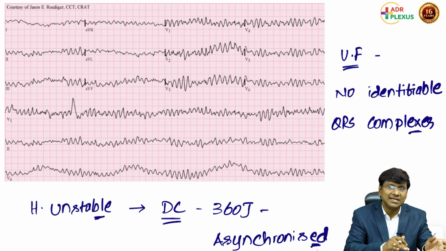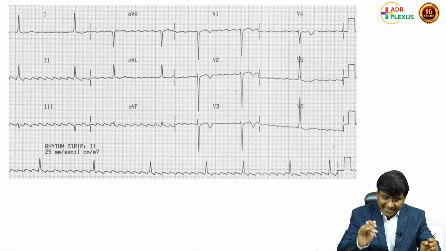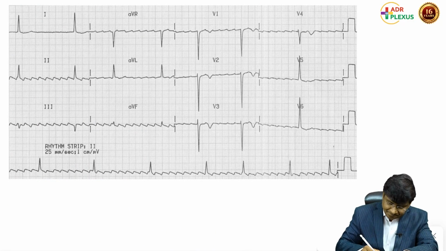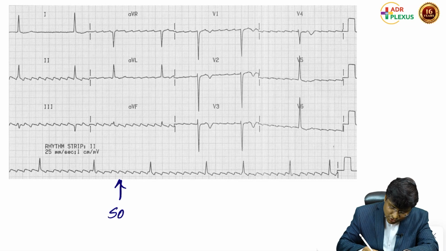Now let me show you the last option, that is atrial flutter. In case of atrial flutter, you have this sawtoothed pattern of the P waves, right?